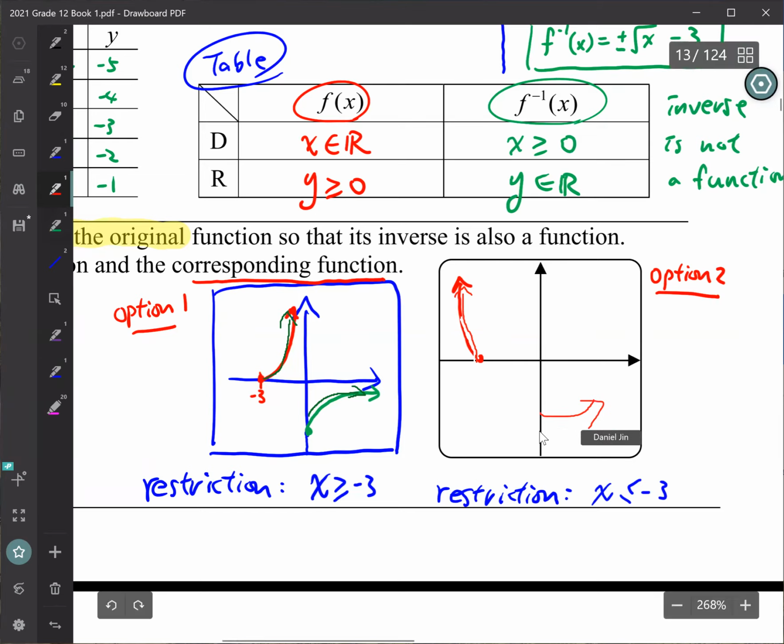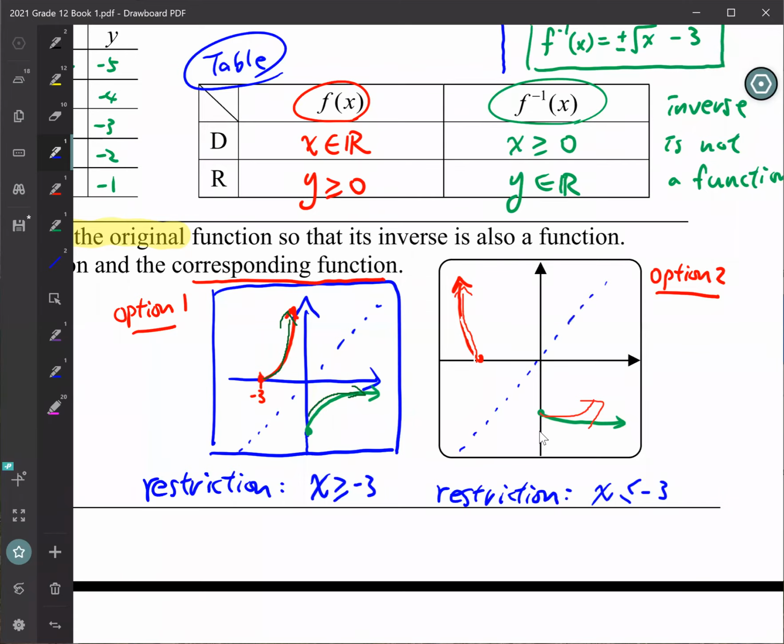Yeah, okay, so remember to be careful of how you make the curve. Make sure it shows that it's the lower half and the left half of each. When you show your answer for the homework, make a curve more clearly so you get a few more points. You can use the symmetry line to double check they should be symmetrical. So you just pick either option 1 or option 2.